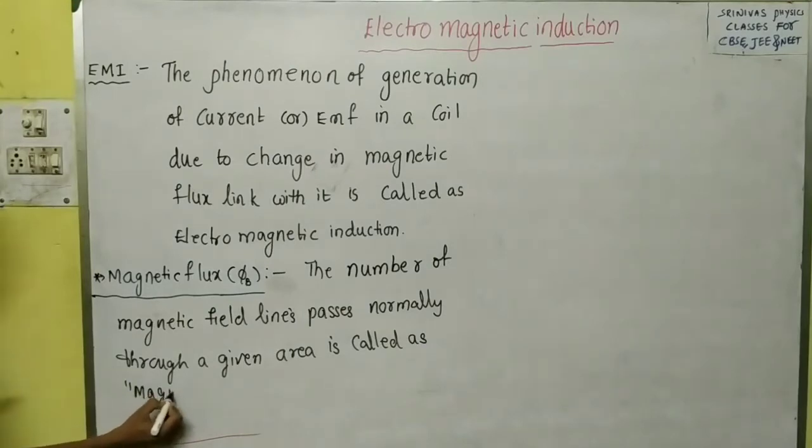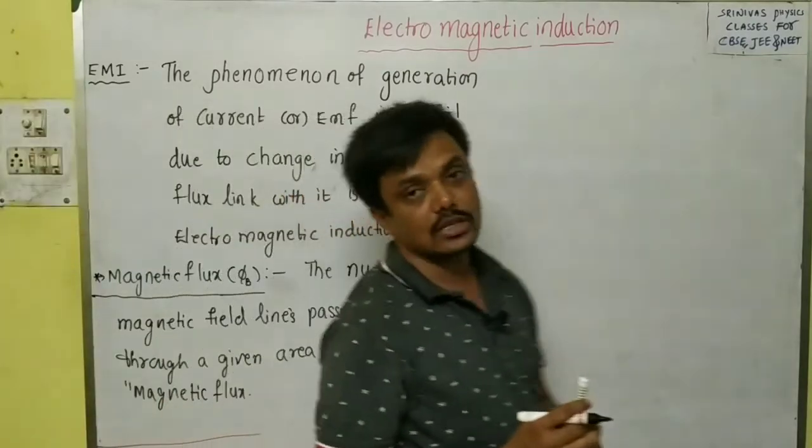This is the magnetic flux. How many lines pass normally through a given area? That is called magnetic flux.